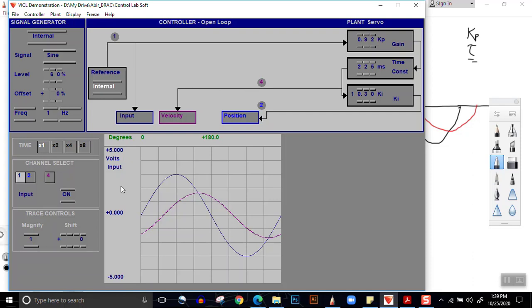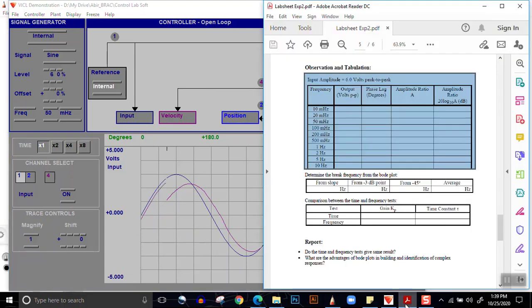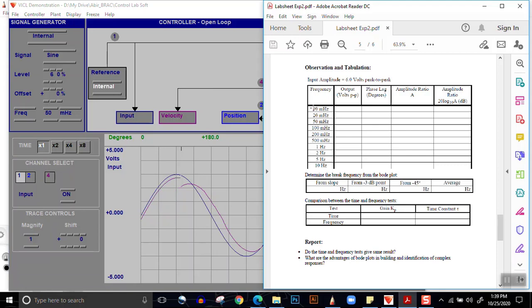Now, let's move on to what we need to do in our experiments. What we need to do at first is reduce the frequency to 20 millihertz. We will not be using 10 millihertz because it creates some problem. So you'll go into the data sheet. There you will not be using the 10 millihertz one, we'll be using 20, 50, 100 and all the other frequencies.